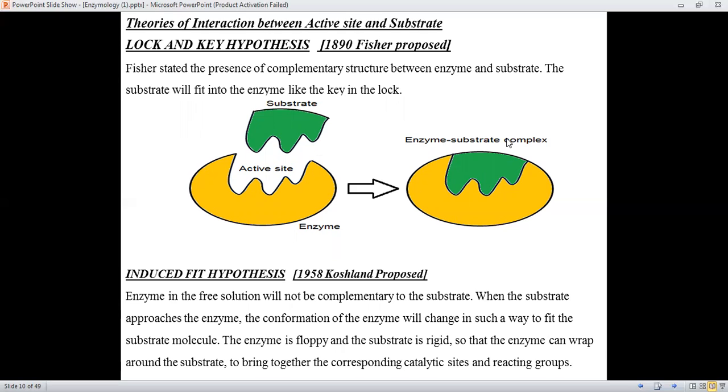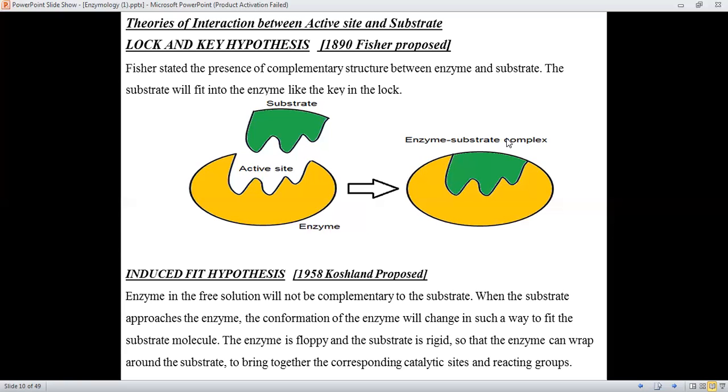So the structure of the active site of your enzyme and the substrate will be exactly complementary, which makes sure of the geometric complementarity so as to make your enzyme and the substrate interact with each other so as to obtain the product and the free enzyme.